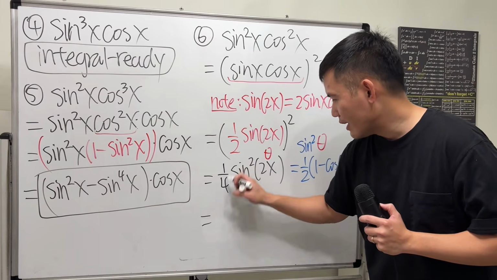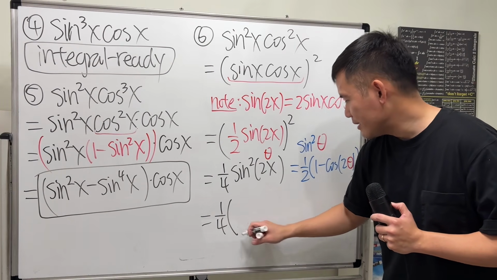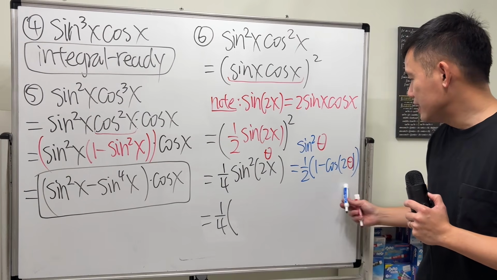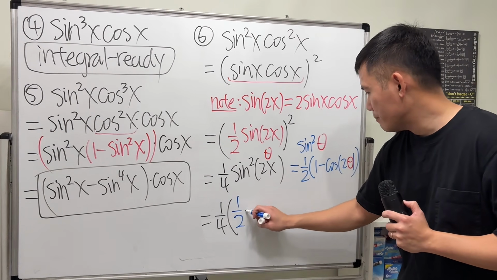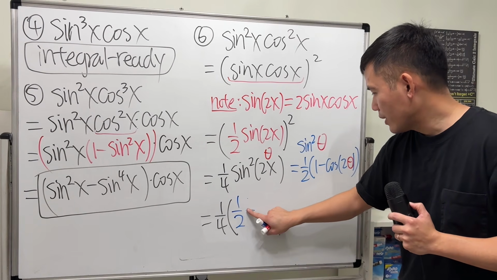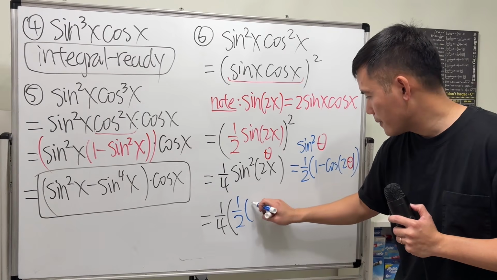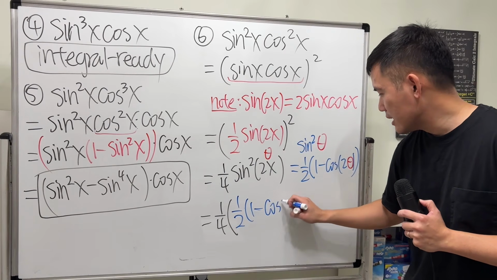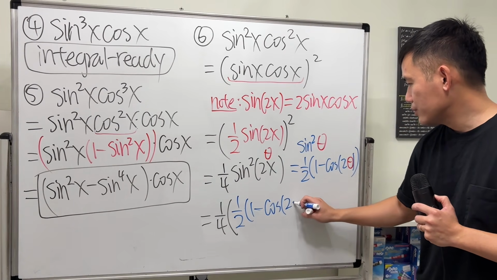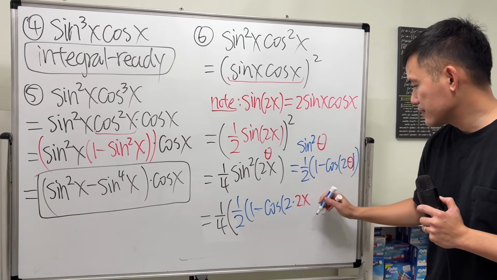So we have 1/4 times this part, which is 1/2 minus 1/2 times 1 minus cosine, and then we have 2 times 2x.